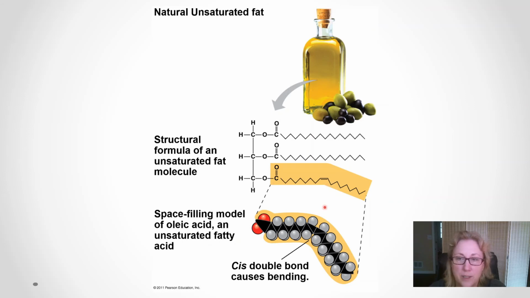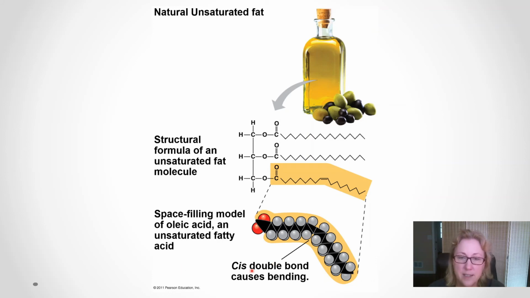It only has one double bond, and the structure of a double bond in a natural fat is going to be what we call a cis double bond. Now, we use these terms cis and trans in biology and in chemistry, and have for decades. In chemistry and in biology, cis means close together, and trans means away from or further apart.